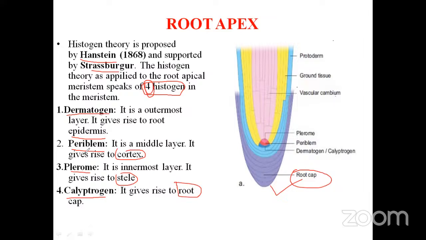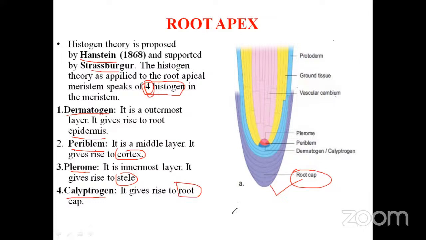In Ranunculus type, all the regions of the root, including root cap, develop from a single row. In some plants, this is only histogen. So there are other cellular configurations. The root apical meristem is divided into different types.